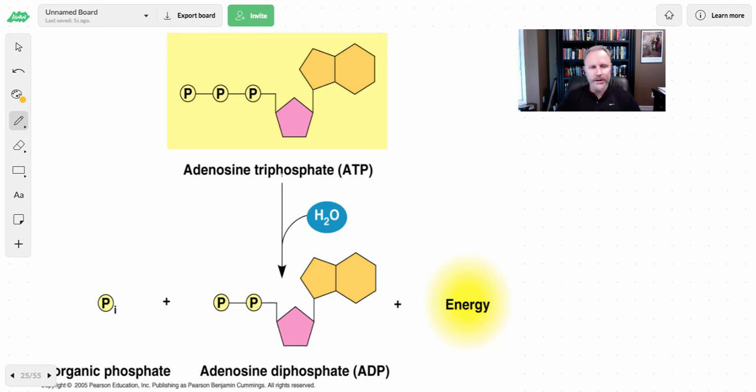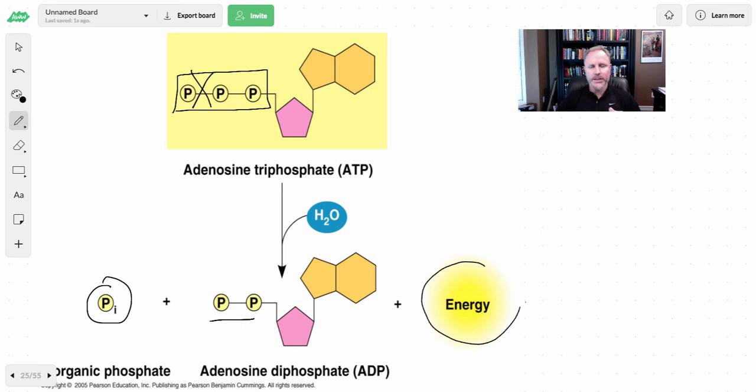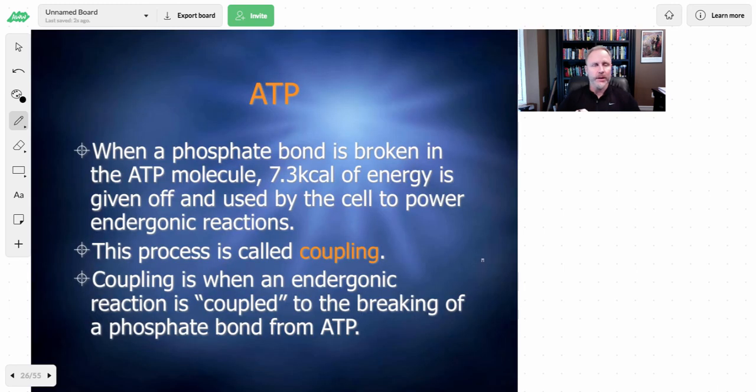So here's our ATP molecule, and these bonds within this ATP right here are high energy bonds. Okay, and when we break one, we get a phosphate and ADP, which is adenosine diphosphate, but then this free energy is now available for the cell in order to do work. Okay, so that's how it's going to go.